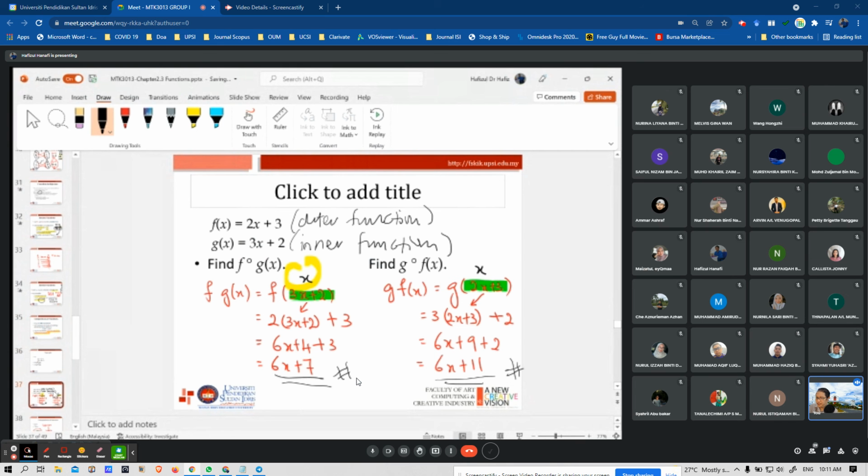Here we can see the output is not the same: 6x + 11 versus 6x + 7.